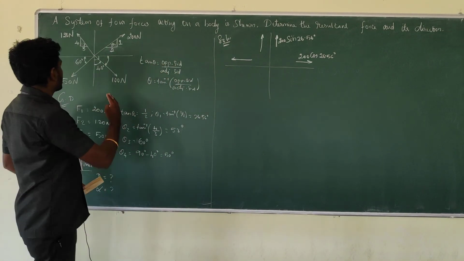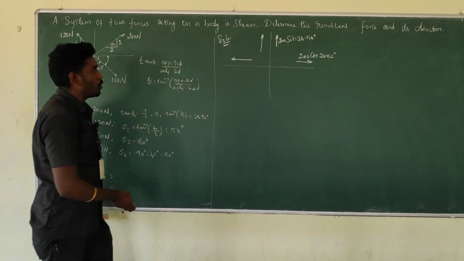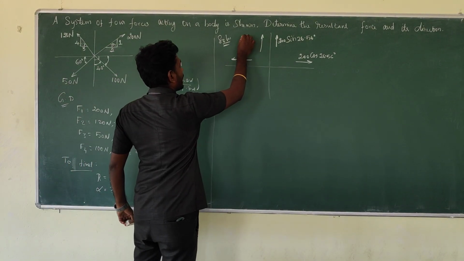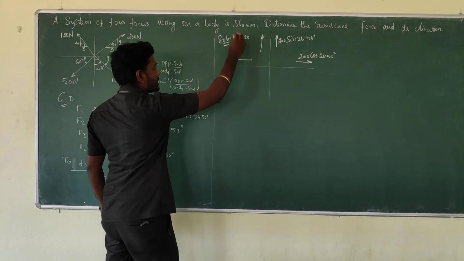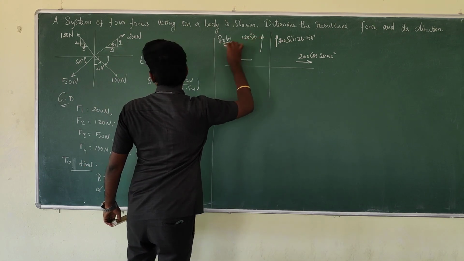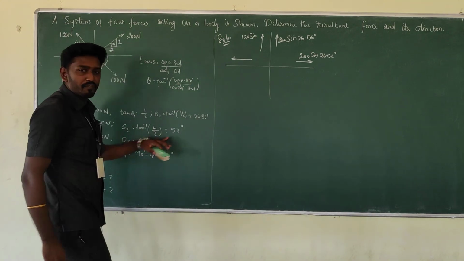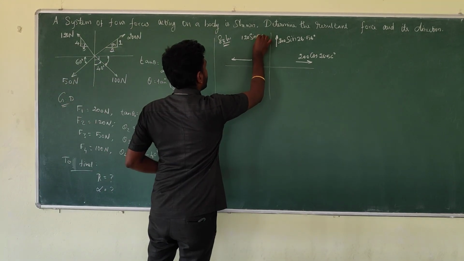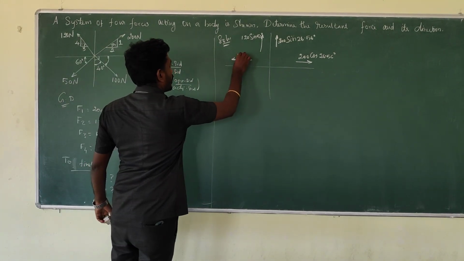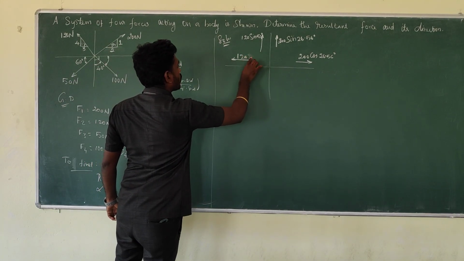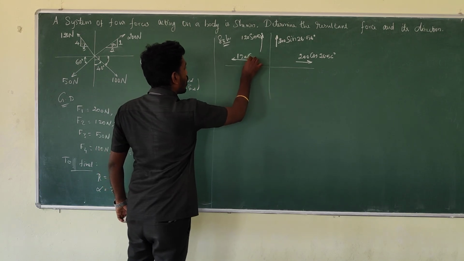So the 120 Newton force in the vertical is sine, and theta is 53 degree. Here comes 120 cos, it's a horizontal, so cos 53 degree.